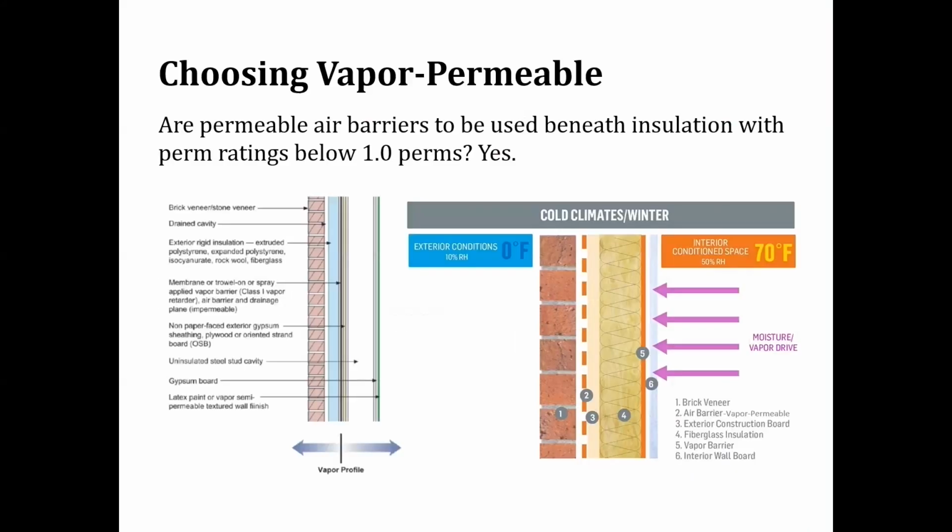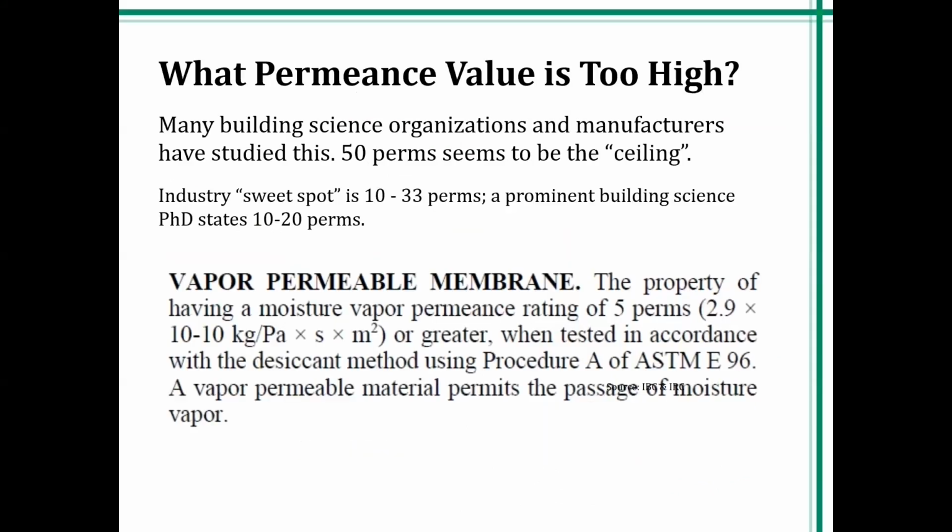So are the permeable air barriers to be used beneath insulation with perm ratings greater than 1.0 perms? Sure. So when is a permeance value too high? Many building science organizations and manufacturers have studied this, and 50 perms seems to be the ceiling, the high spot for water vapor permeance. 15, 20 years ago, a number of manufacturers were producing at that time highly permeable air barriers.